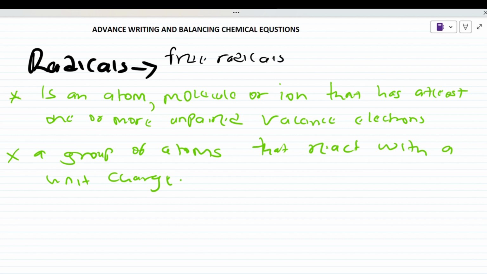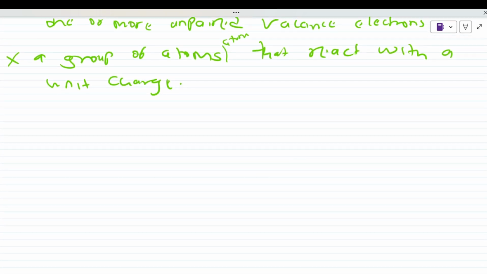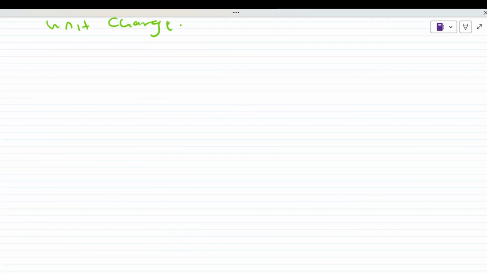Let me add something here: it can be a group of atoms or an atom, that's key, that reacts with the unit charge. Now, if they are having a charge, the keyword here is charge.